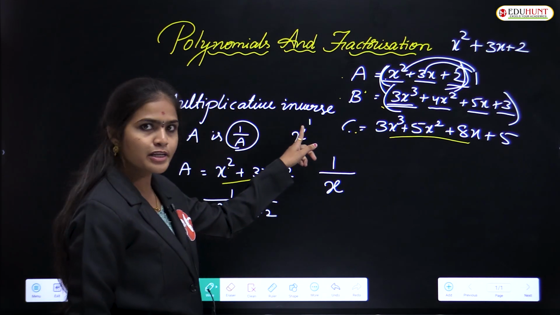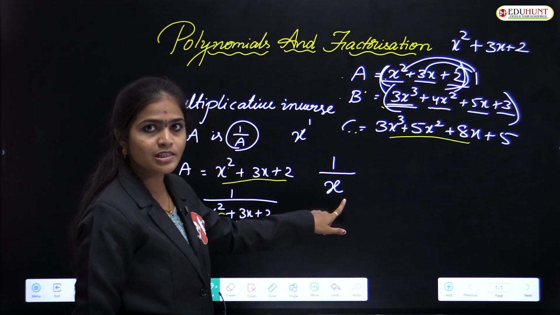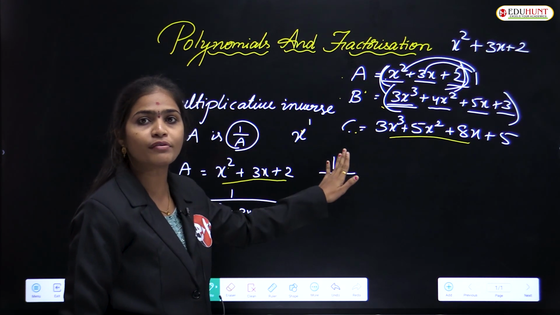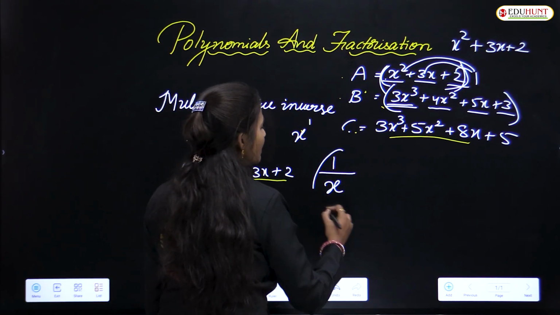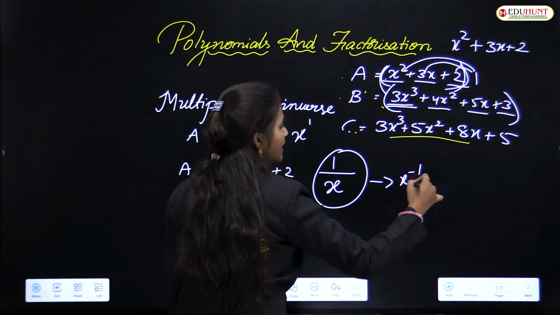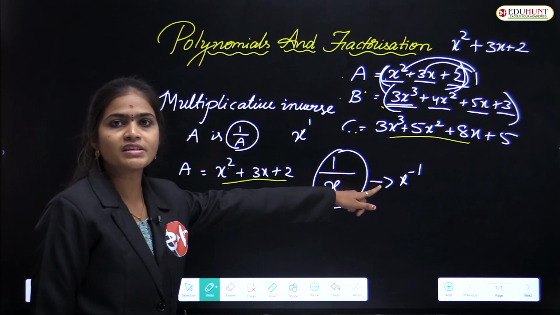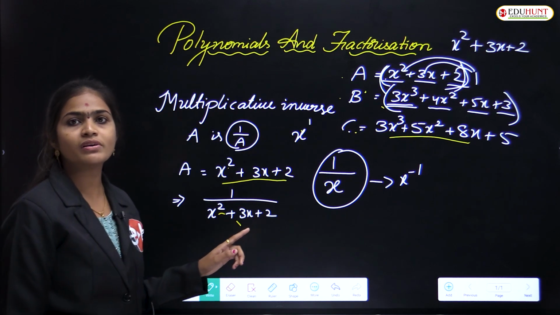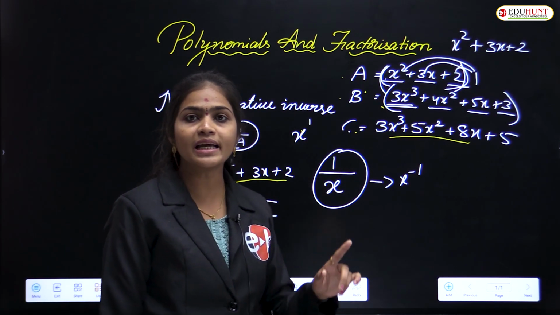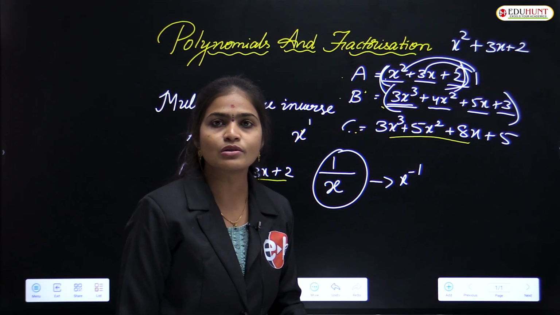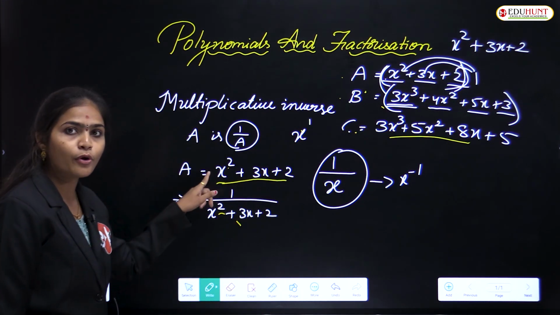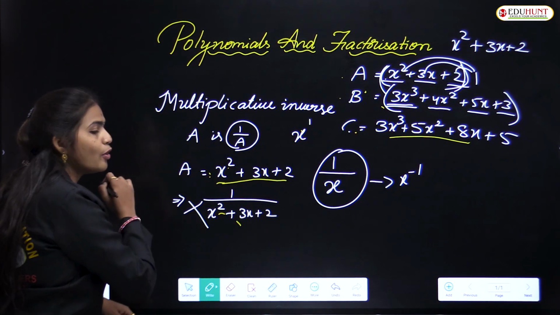I want the value of only the power of x, so this becomes x power minus 1. So its powers become negative. That's why the multiplicative inverse of a polynomial is not a polynomial.